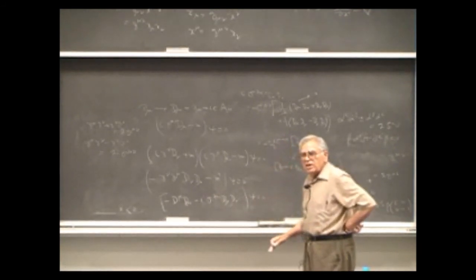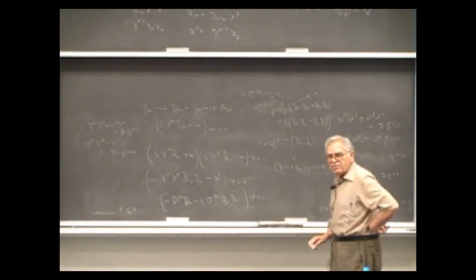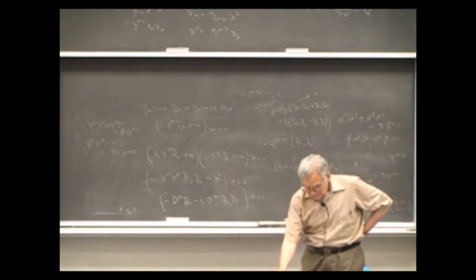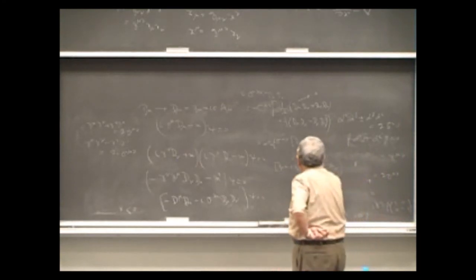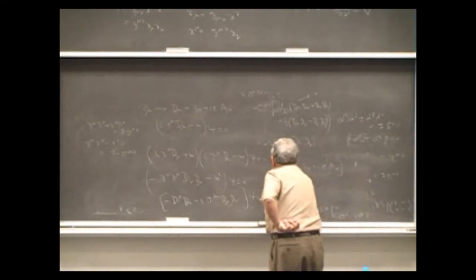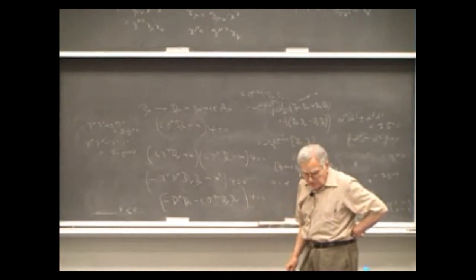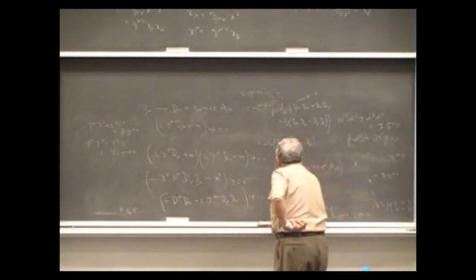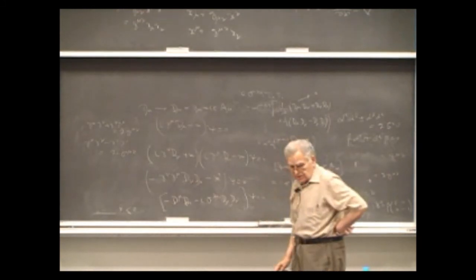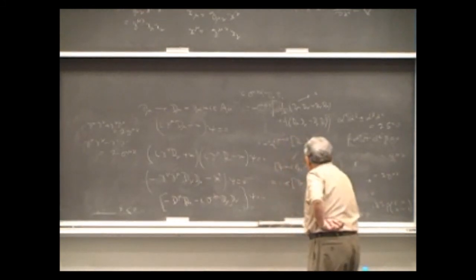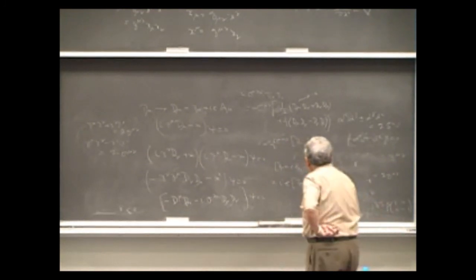The best thing is to operate it on a function f, and then you can easily see that because the partial derivatives commute, and A mu also commute, it reduces to partial mu A mu plus i e.